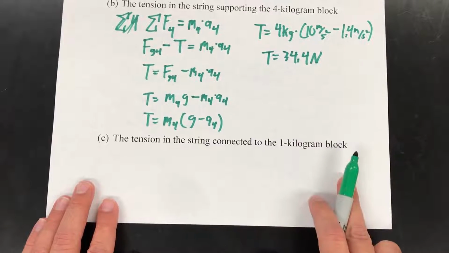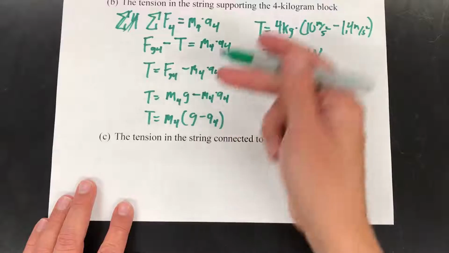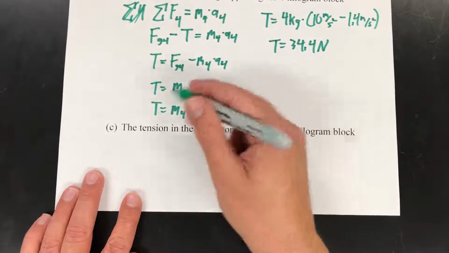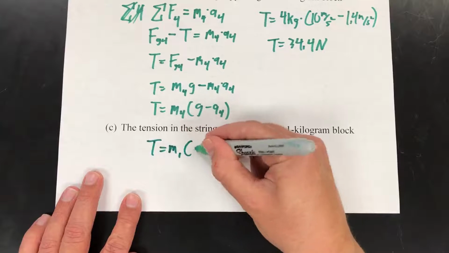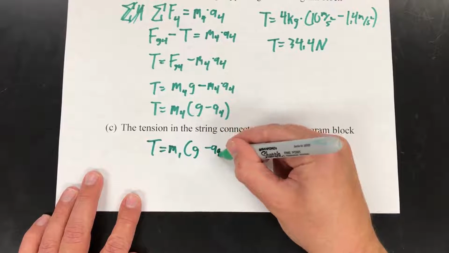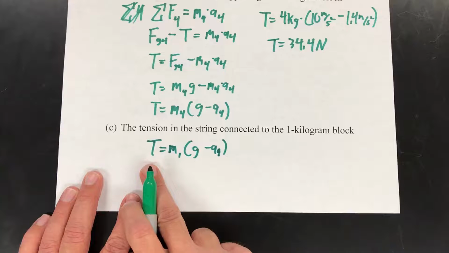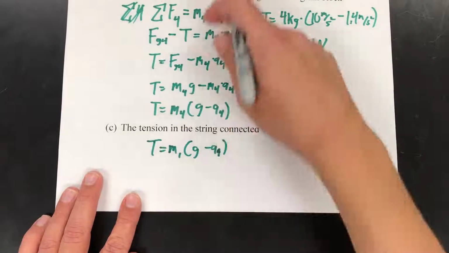Here, this is basically the exact same thing. We could set it up again. You could use all of this that we just did here and solve it for the tension for mass 1. And you don't even have to change anything here. So the tension in the string for mass 1 follows the same formula.